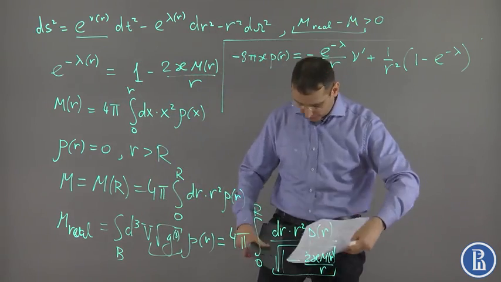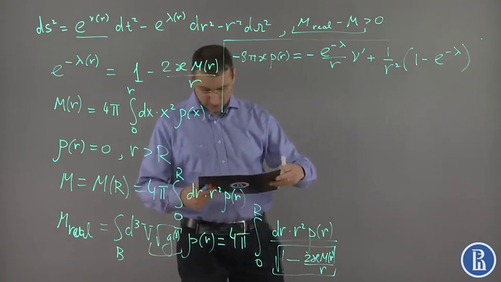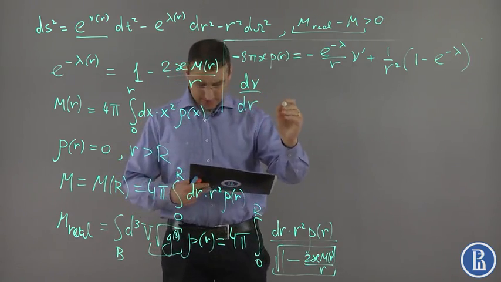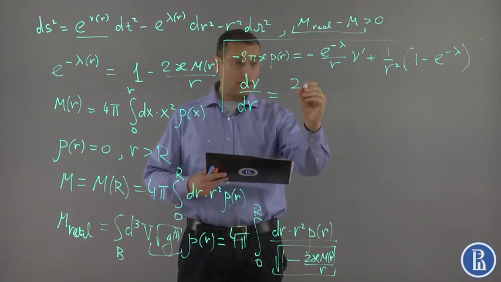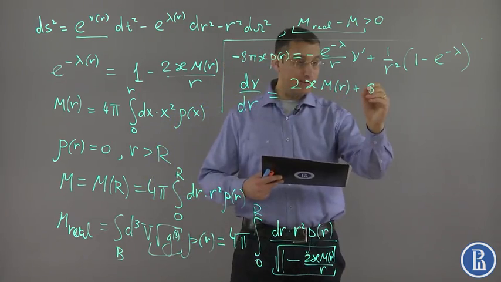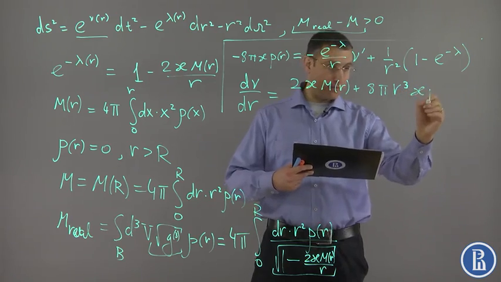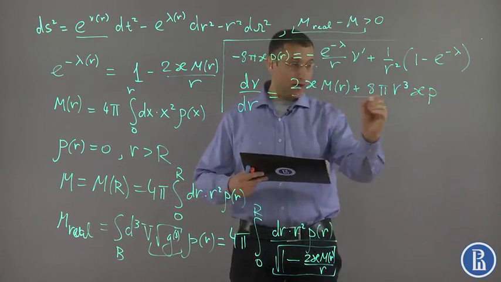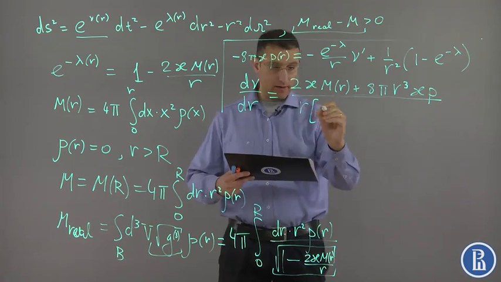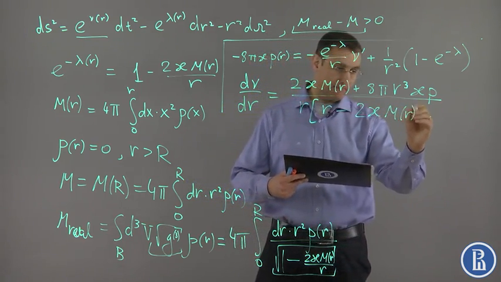The equation for nu is as follows: d nu over dr is 2 kappa m of r plus 8 pi r cube kappa p, divided by r times r minus 2 kappa m of r.